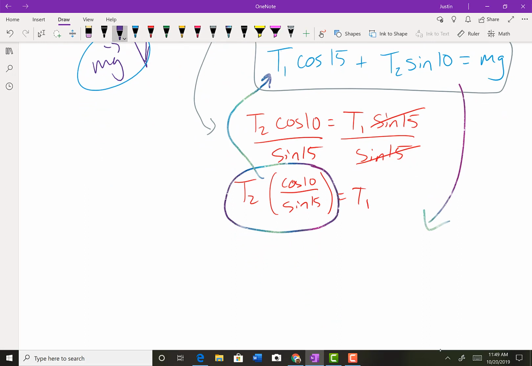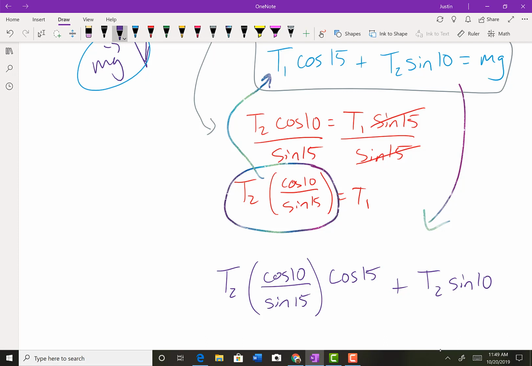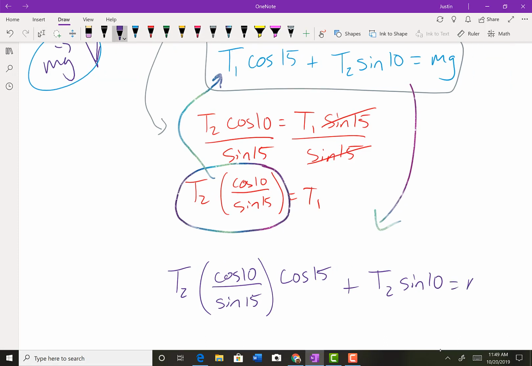So that's going to be T2 cosine 10. You see that mistake I just made? That's where a lot of the mistakes show up in this, is the math gets a little much. Times cosine of 15 plus T2 sine 10 equals mg.